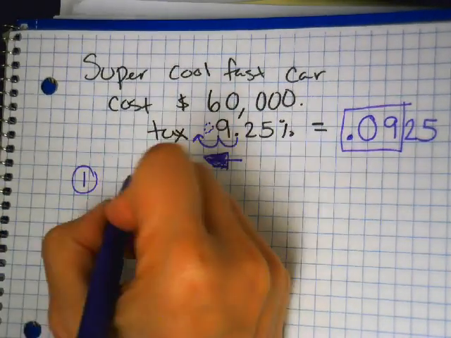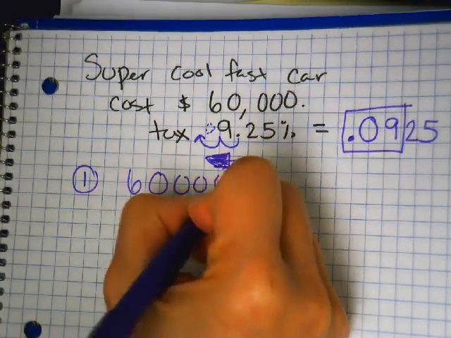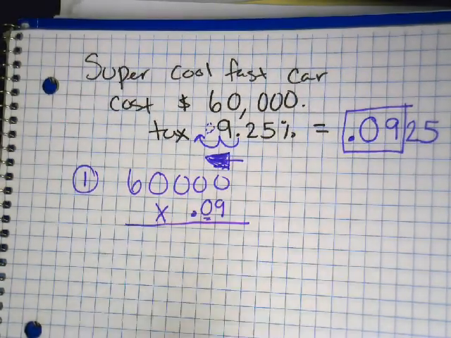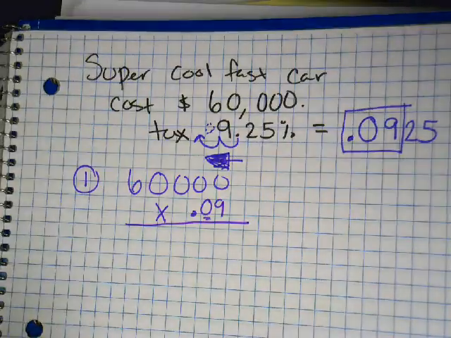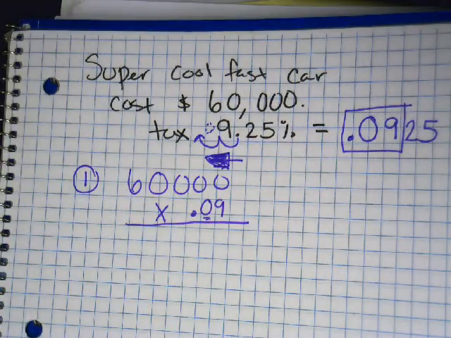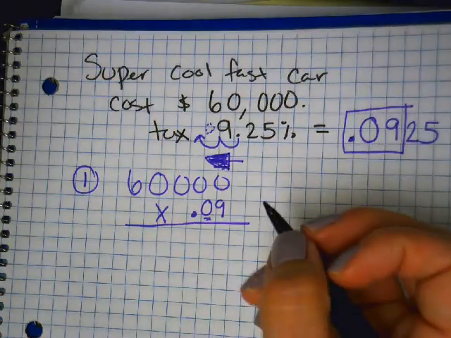Number 1, 60,000 times 0.09. Make sure we have that 0 there. So we're going to multiply the price of the car times 9% sales tax.